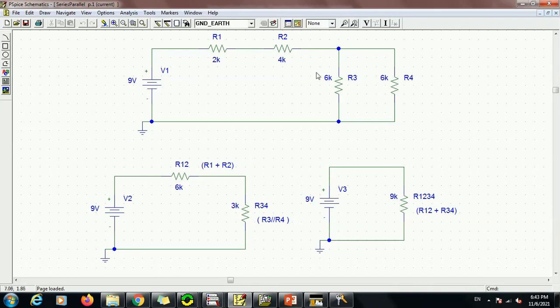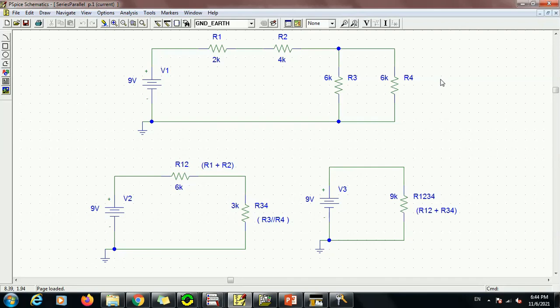So the maximum that we can add is limited by the current that is allowed to pass from our supply to our loads. Otherwise we can come to a very high current consumption if we continue to add more resistors in parallel.